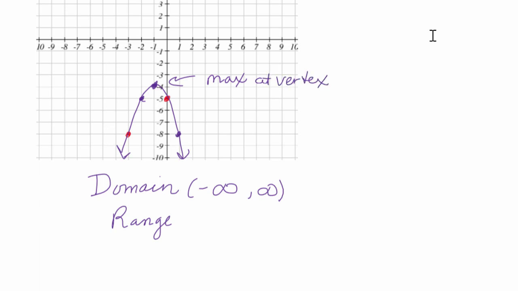So our highest value of y, our largest value of y, is that negative 4. So that's going to go on the right-hand side of our interval notation. And then, of course, we've got these arrows going down. So our y values get very small, very negative. So that's the range for this parabola.